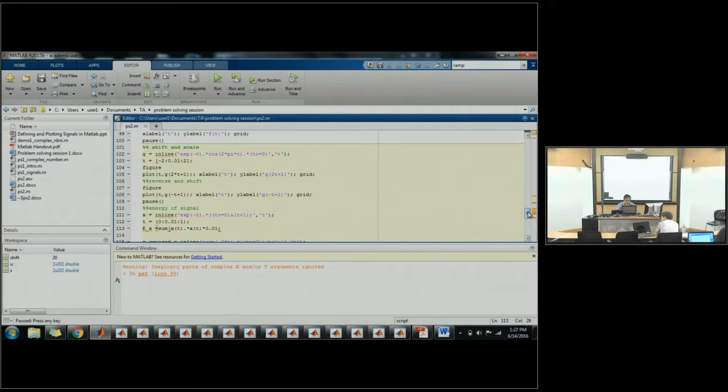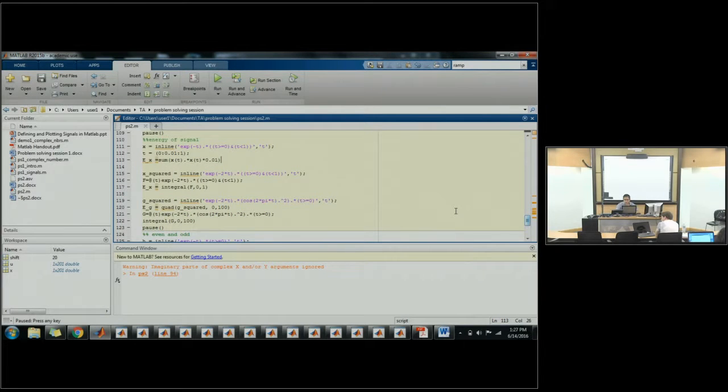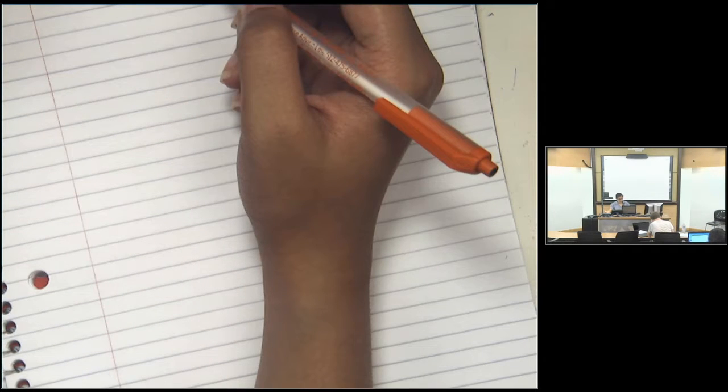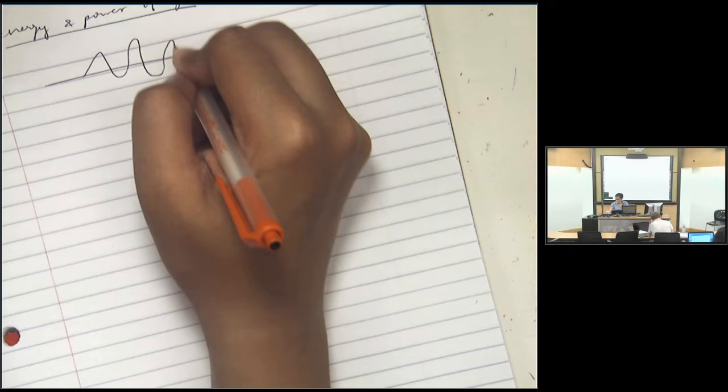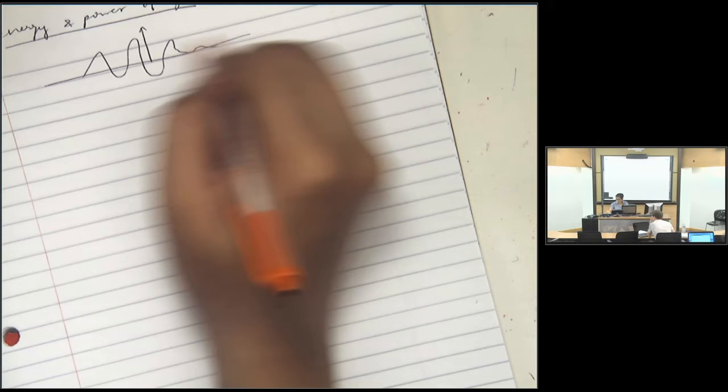Next, let's talk about the energy and power of a signal. So whenever we have a signal, any signal, let's say any finite signal, okay, this is time and this is my x of t.